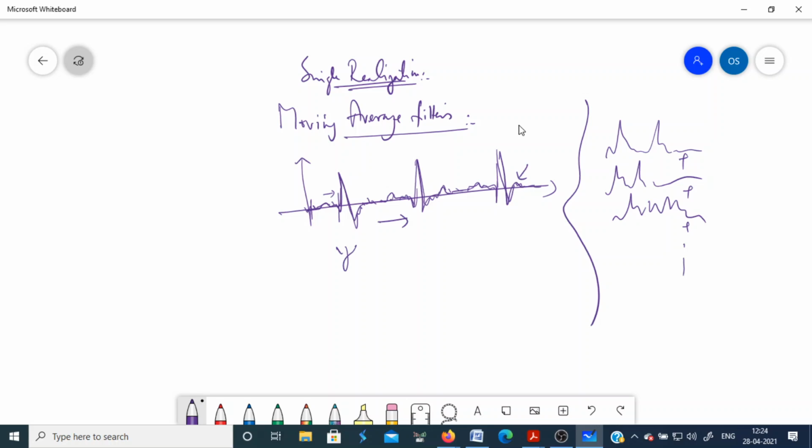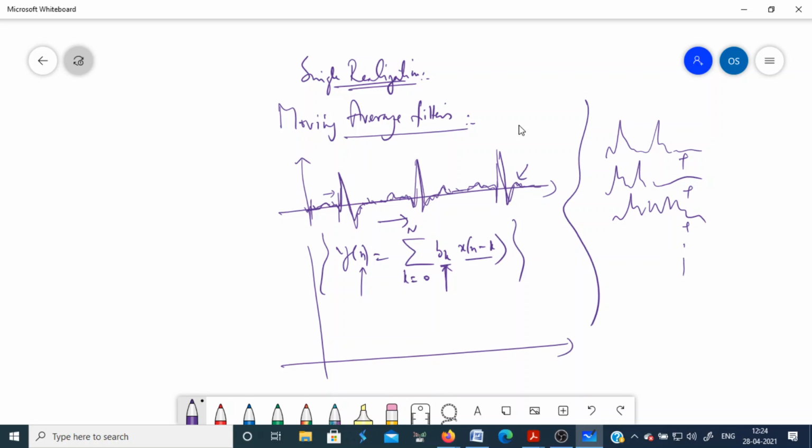Mathematically, it is nothing but an FIR filter. You can simply say y[n] = sum of b_k x[n-k], for k from 0 to N, where b_k are the filter coefficients. So k from 0 to N means you have N+1 samples. Suppose you start at any time n, with input sequence x[n]. How do you generate the output sequence y[n]?